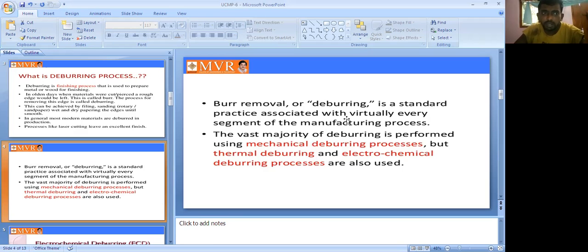By using the deburring process, rough surfaces become smooth surfaces.